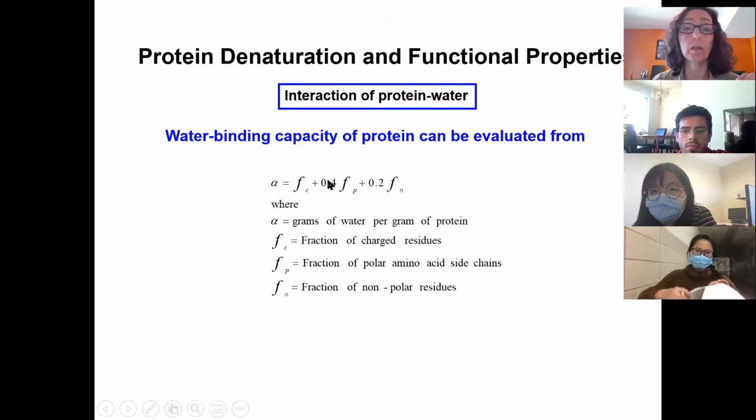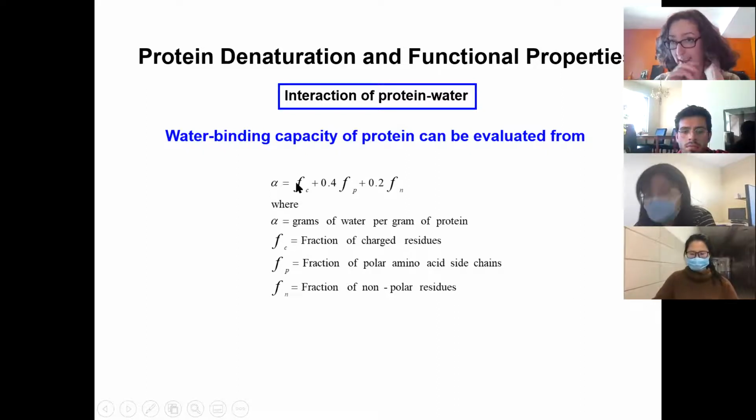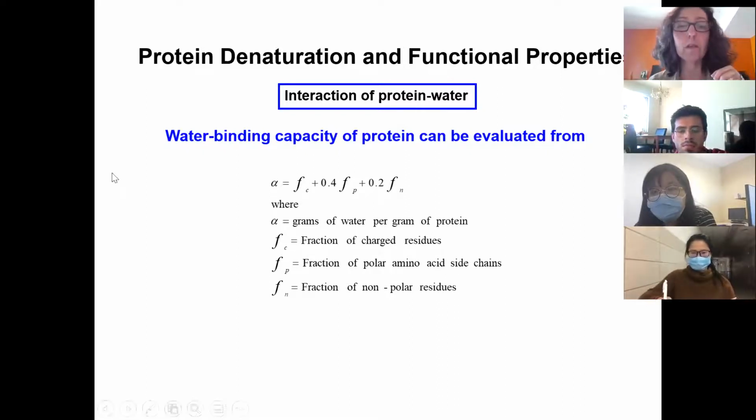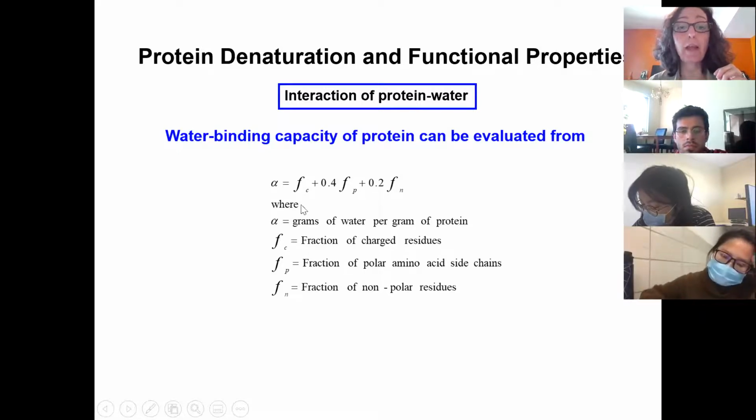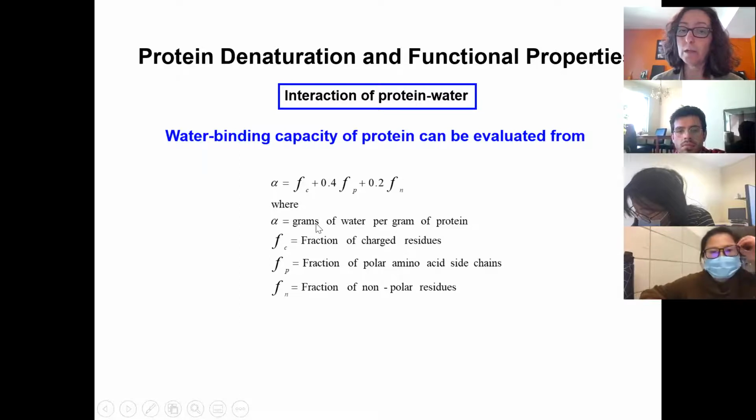The first fraction, with a factor of 1, let's say this is A, B, C. So an A value of 1 means it has the most impact on the amount of water that can be held by 1 gram of protein. And this is the charged amino acids. Following it are the polar amino acids, with a fraction of 1.4. So it has less impact on the total grams of water per gram of protein.